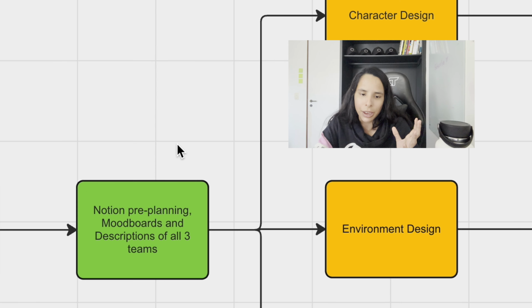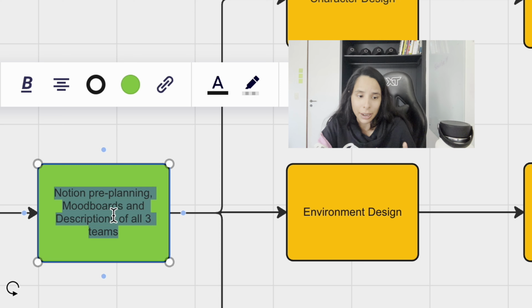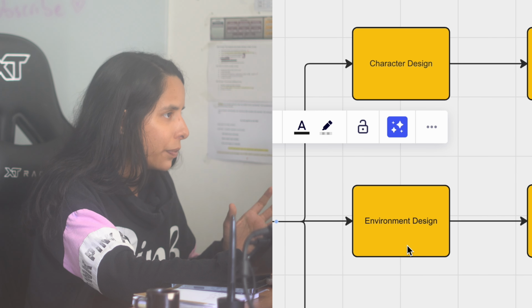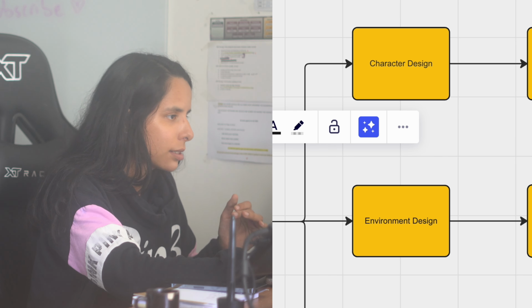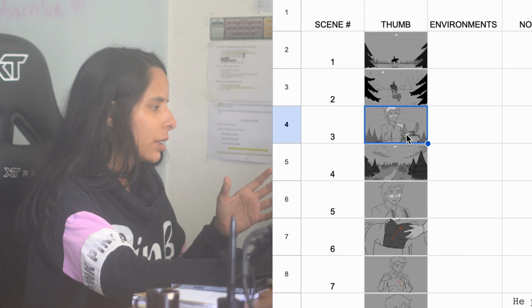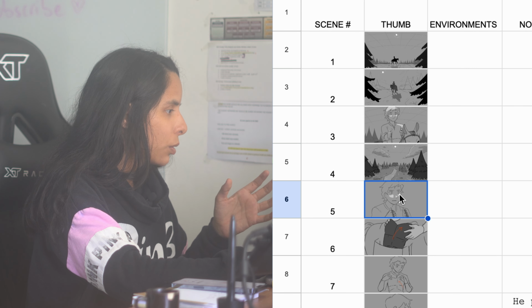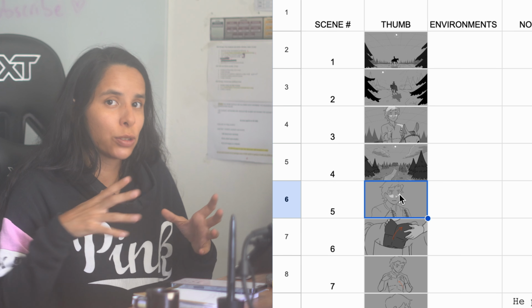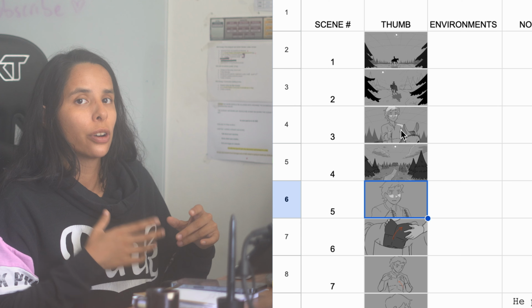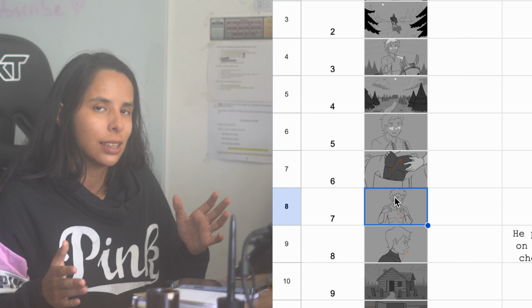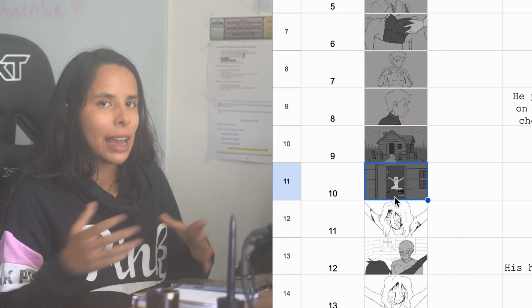For example, for the environment designer, we give them the storyboard and animatic, cut out in pieces like this. In this Excel sheet we cut out all the scenes, and actually you don't need to worry about that, but you will start seeing your animation produced as scenes, different actions.